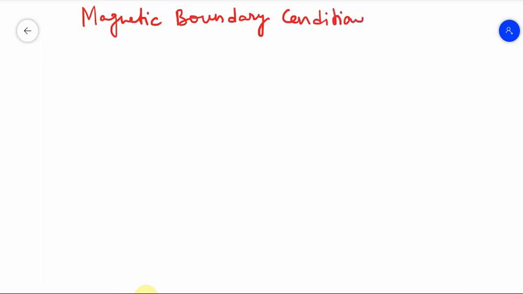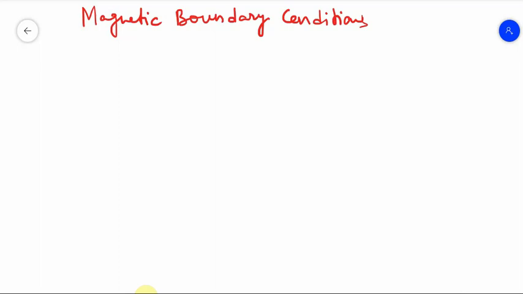Now the next topic we shall discuss is the magnetic boundary conditions. A similar topic we had discussed in electrostatics also, so I will not waste much time explaining it, because you know that we need to derive the conditions at the interface separating the two media.